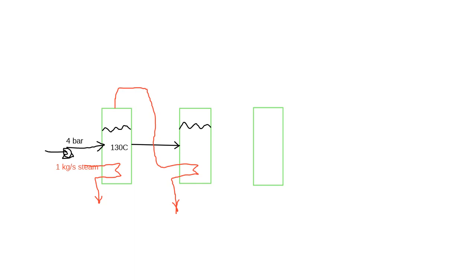You might have to preheat this, but this will go up to 0.8 kilograms per second. I'm going to put it over there, 0.8. And it's at 130 degrees C.